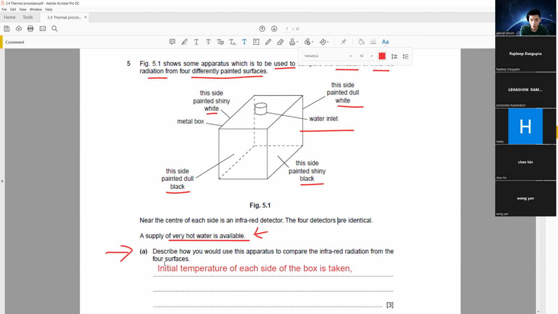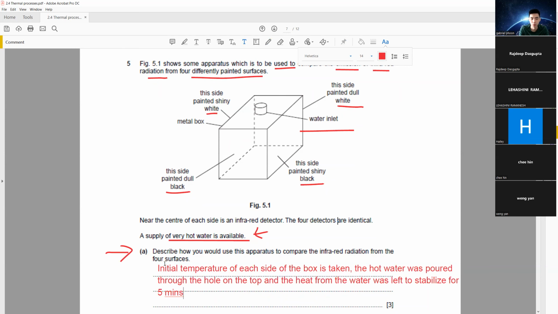Then the very hot water was poured through the hole on the top, and the heat from the water was left to stabilize for maybe 5 minutes.